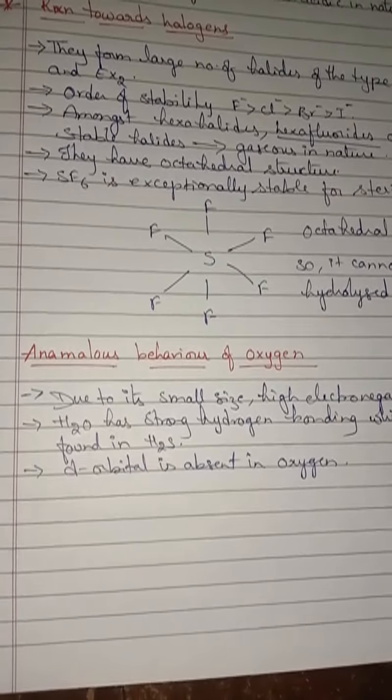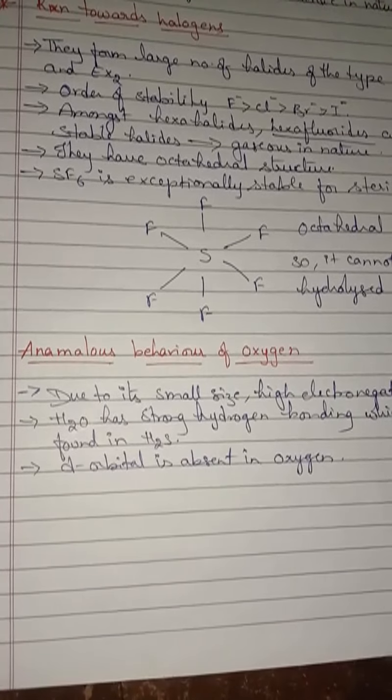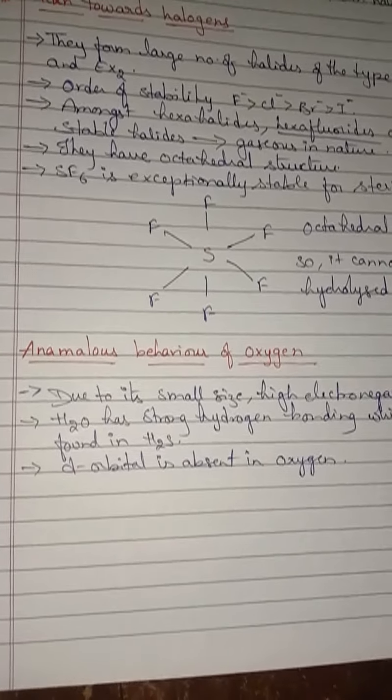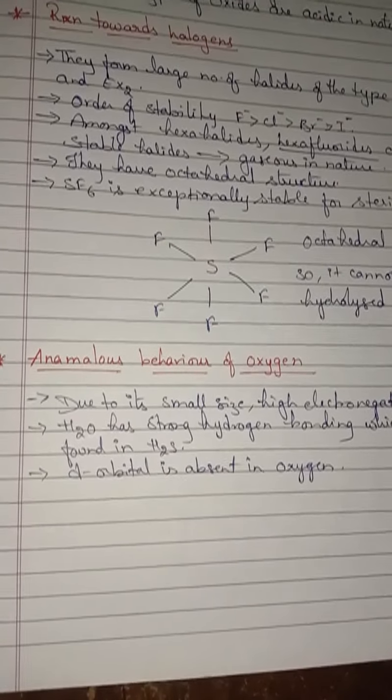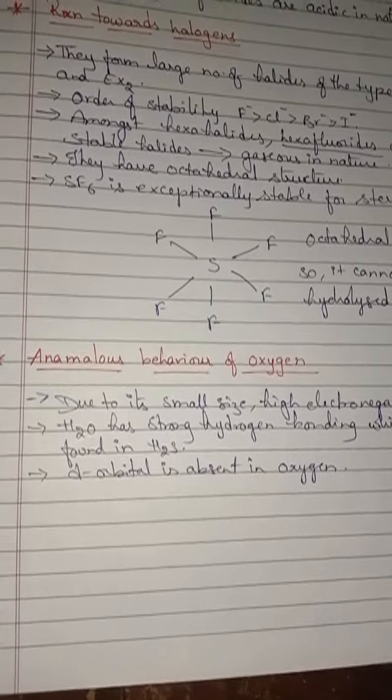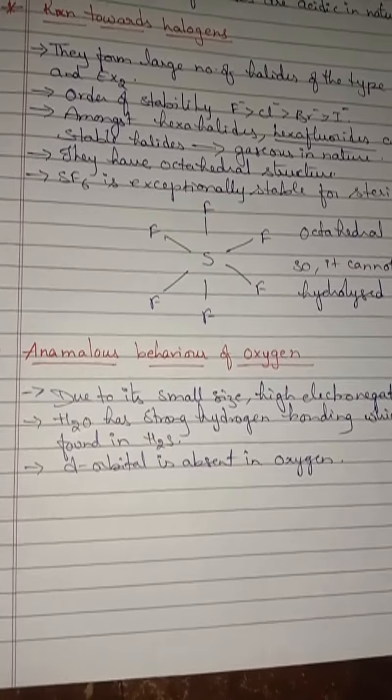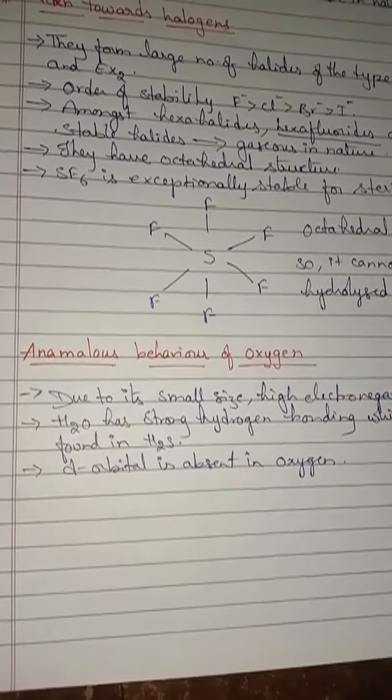Understand? The absence of d orbitals in oxygen limits its covalency to 4, and in practice it exceeds only 2. In the remaining elements, the valence shell can be expanded, which means they can show various valencies, and the covalency can exceed 4.